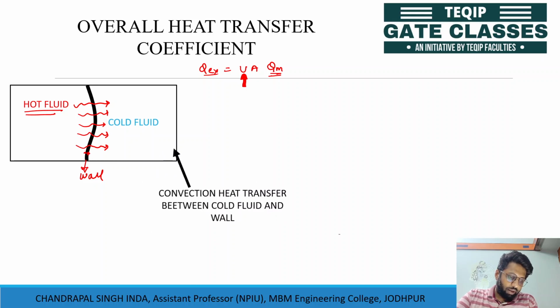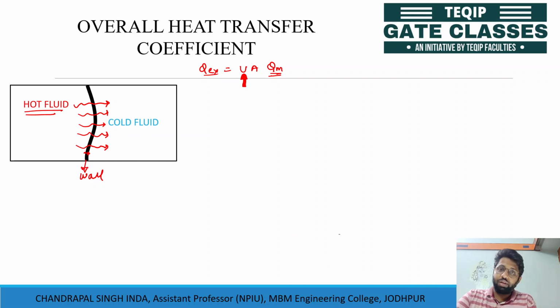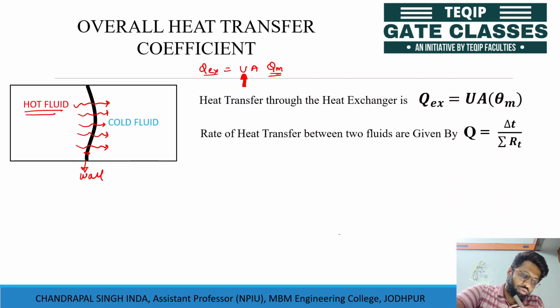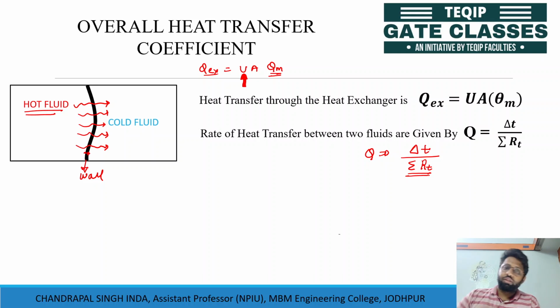So to find the value of heat transfer between the hot and the cold fluid, we will have that q will be equal to delta t at any instant divided by the sum of the thermal resistances.